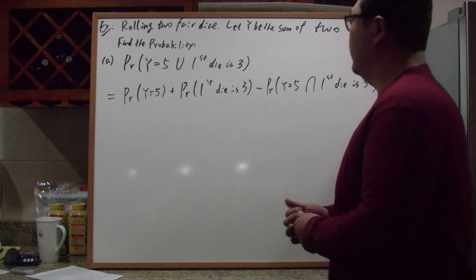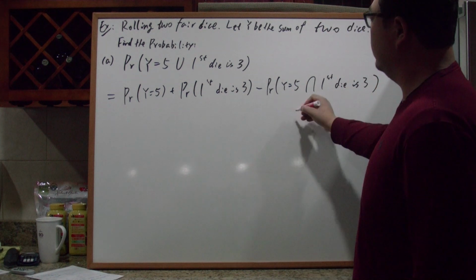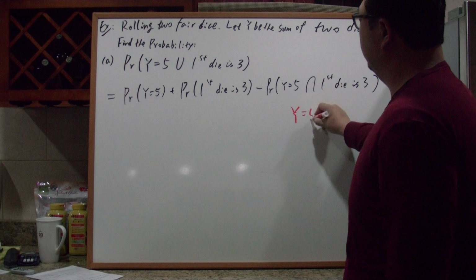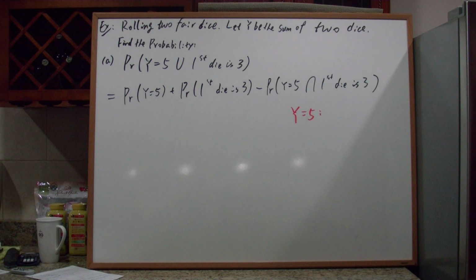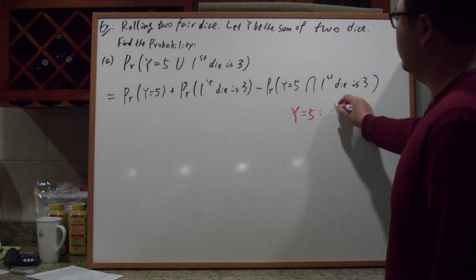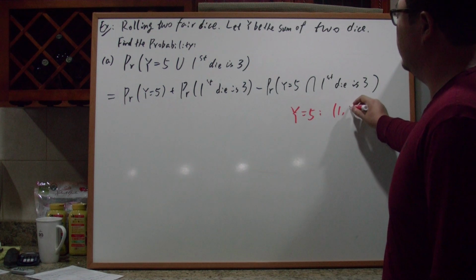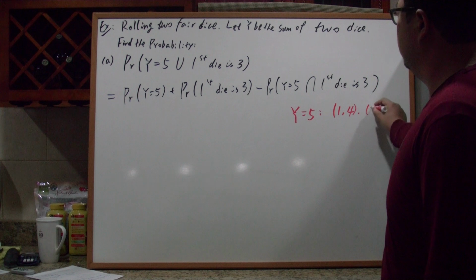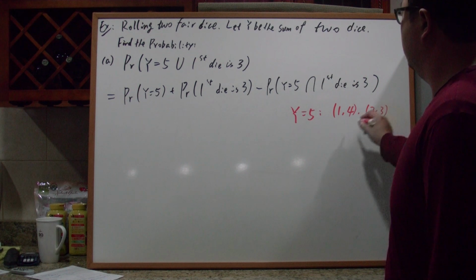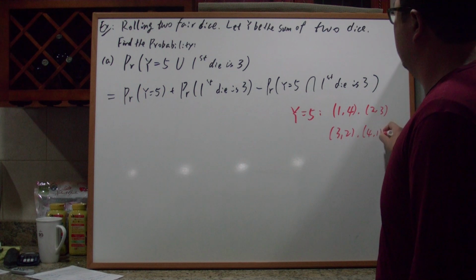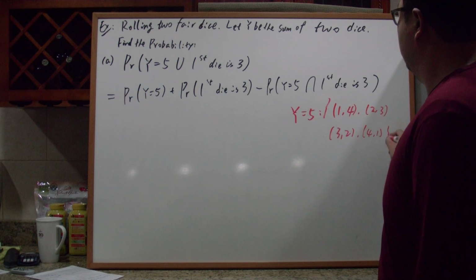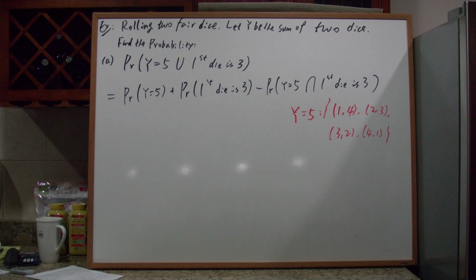The sum is 5. Well, we have the outcomes already. We can list them: the first die is 1, second die is 4, or 2, 3, 3, 2, or 4, 1.